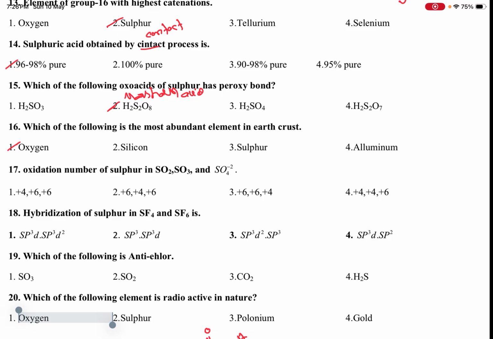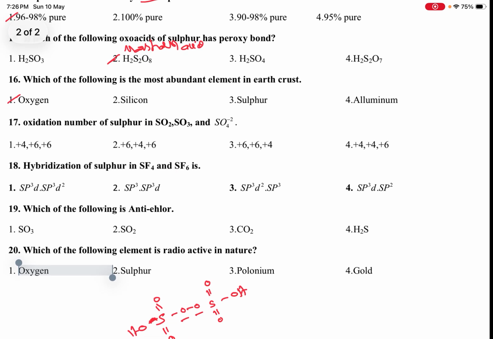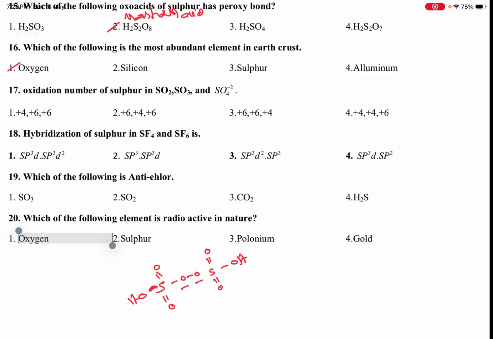Okay. Next, the oxidation number of sulfur in SO2, SO3, SO4 2-. SO2: X, each oxygen contains minus 2, so X minus 4 equals 0, X equals plus 4.